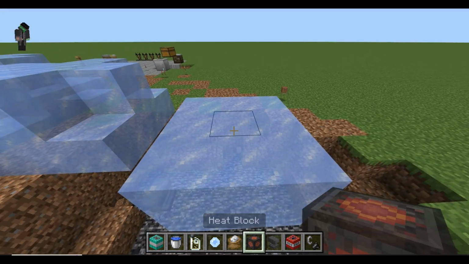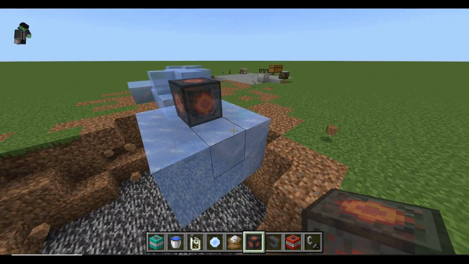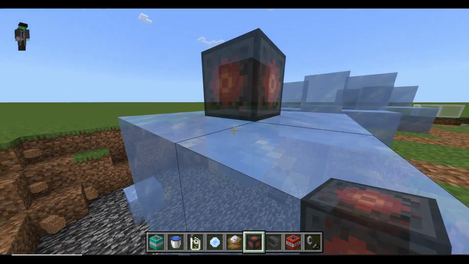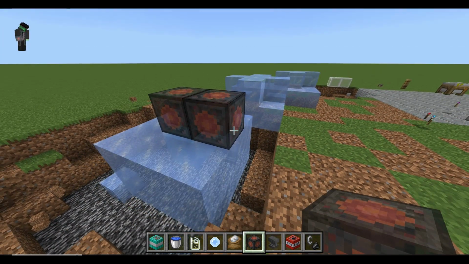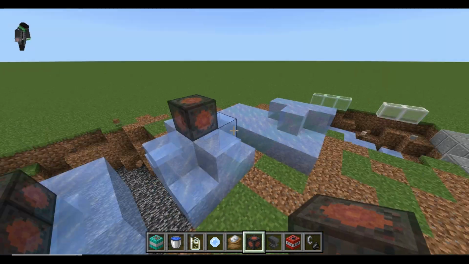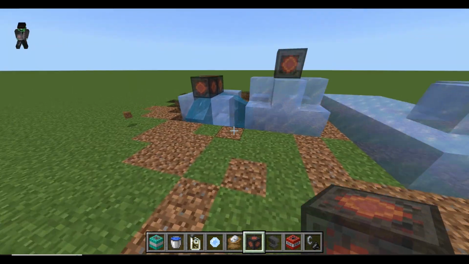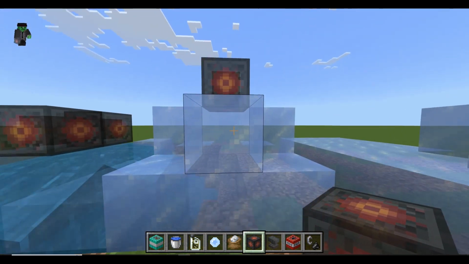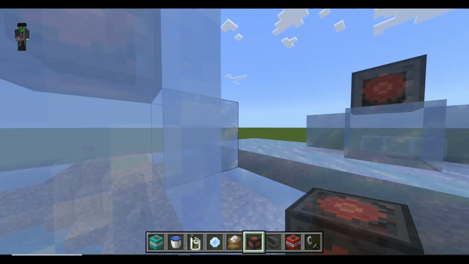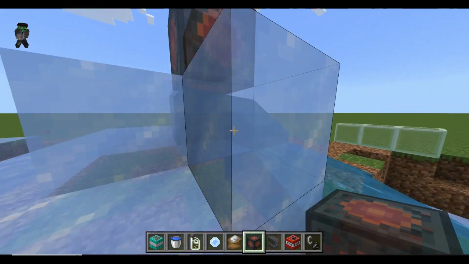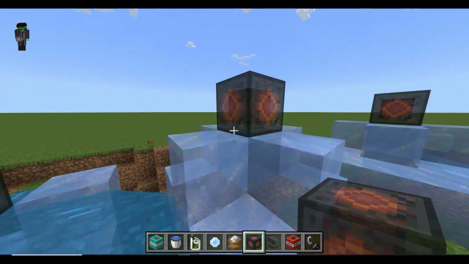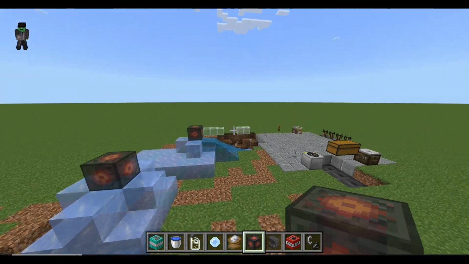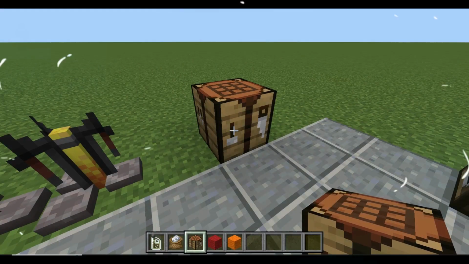Also, the heat block can be used to very quickly defrost the ice. So you do this, you see, put that there, look, it's already melting. Those are all melted. That just melted, and that also melted. So that shows you how good those are and how useful they can be.